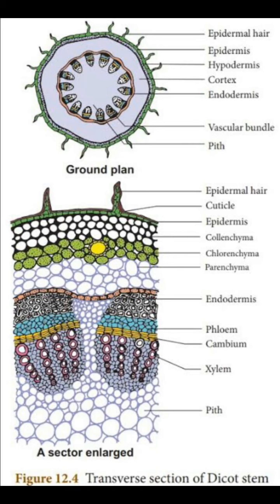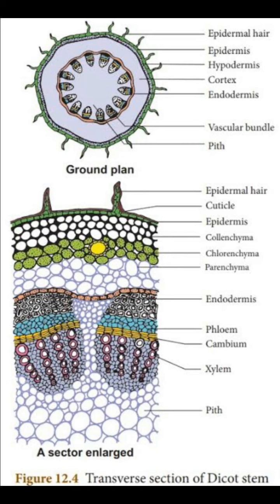A large number of rounded parenchyma cells with large intercellular spaces, which occupy the central portion of the stem, constitute the pith. So you can see below the vascular bundles a large tissue is present, that is pith. Then what kind of tissue is it?